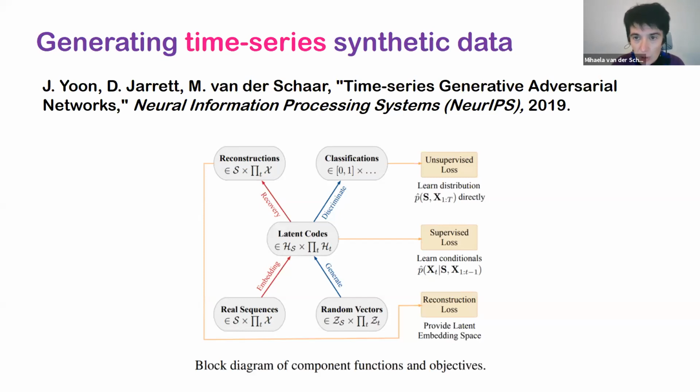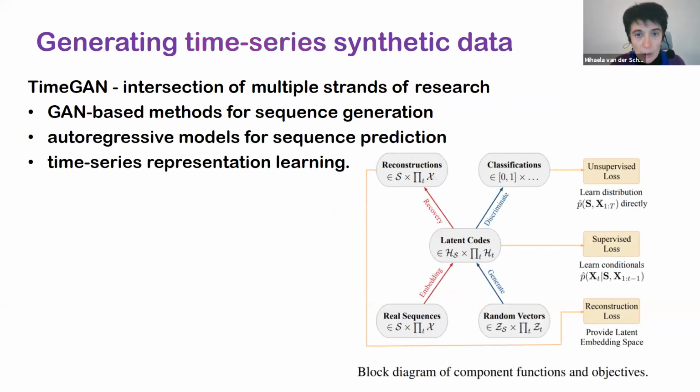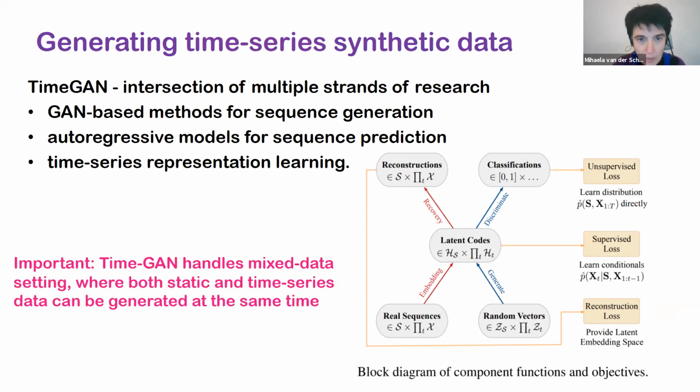And this is the subject of another NeurIPS paper last year, where we have a method that we call TimeGAN that capitalizes on multiple strands of research in our lab over time: GAN-based methods for sequence generation, but also autoregressive models for sequence prediction, as well as learning high quality representations using deep learning.